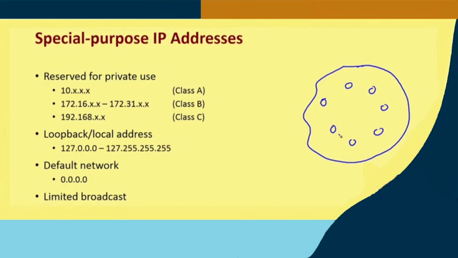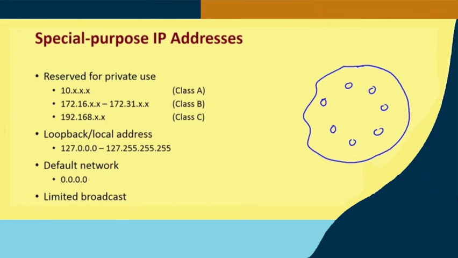I do not need unique IP addresses which are not used anywhere in the world, because I am using them only within my organization. So, I can use private IP addresses which can be used by others also. They are not supposed to be used publicly with other networks.